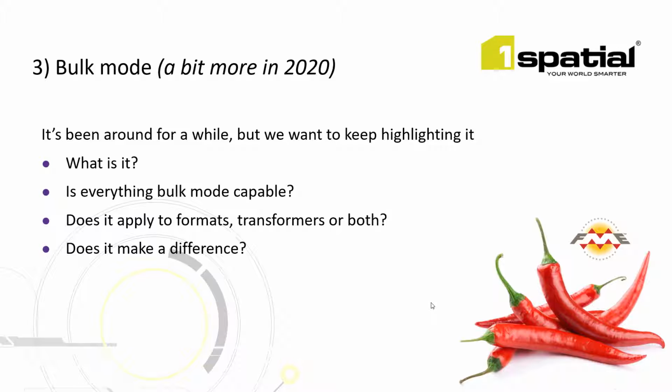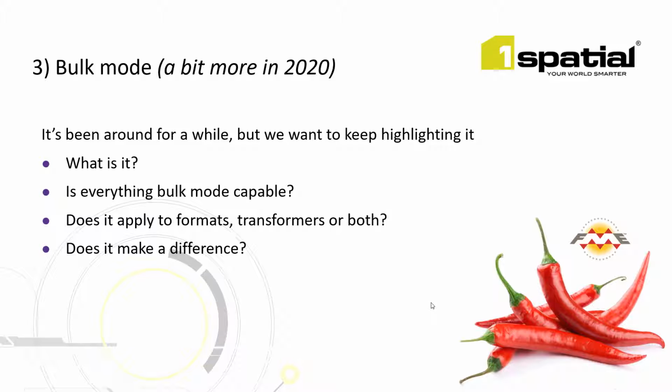What I need to do first of all is just quickly highlight to you what it is. If you're an existing user of FME, bulk mode is important to you because you're going to need to consider it when you're adapting your existing workspaces. New users are going to see a different, subtle difference between certain parts of how data flows through your workspaces when you author them, and I want to highlight what that means.